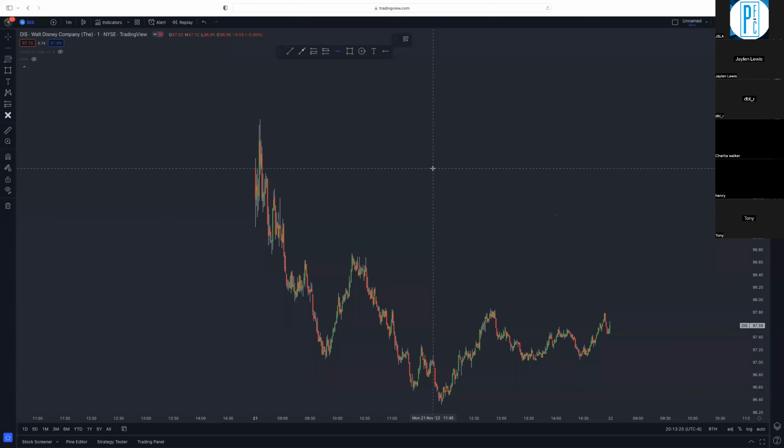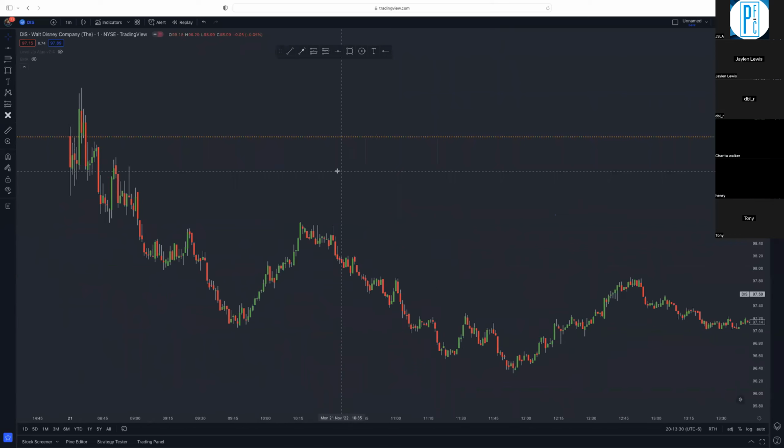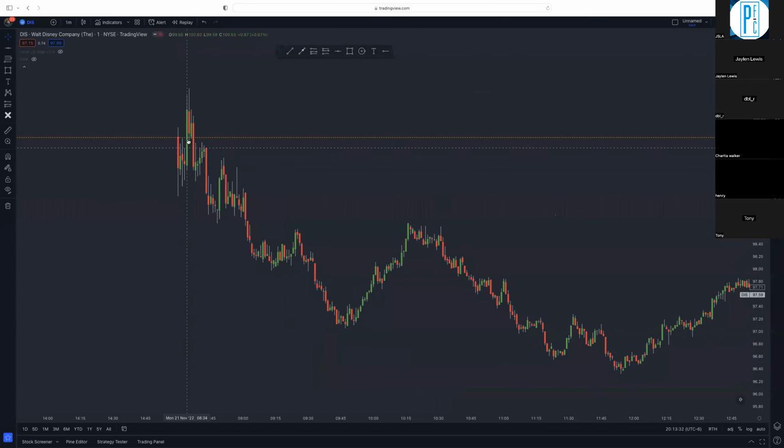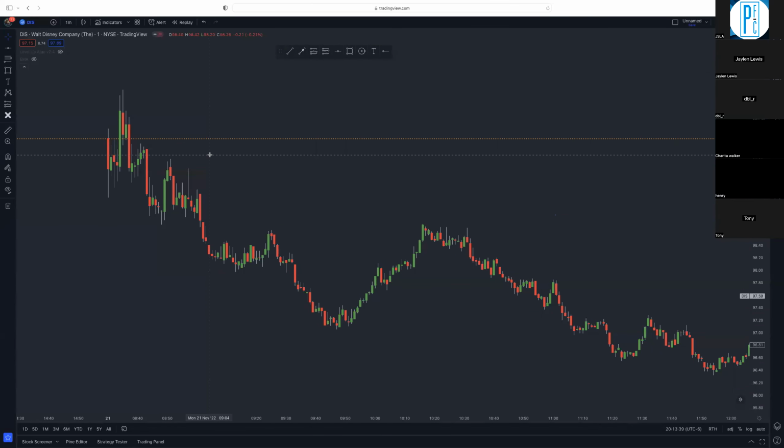Oh, okay. So here go Disney opening price. We pretty much tried to hold above. We broke below. This is actually a trade.